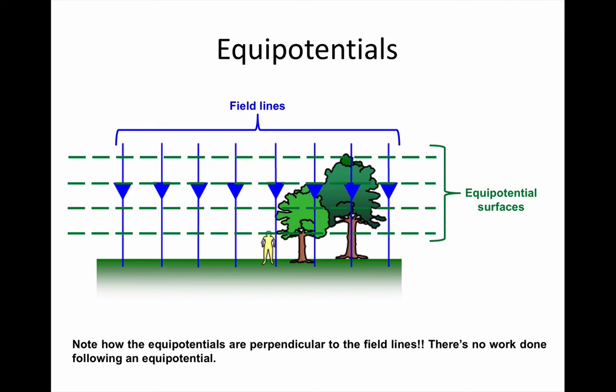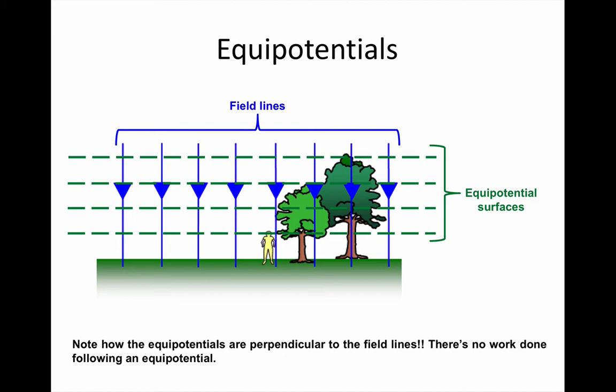Now let's look at something called equipotentials. Equipotentials are an easy idea. They are just lines or surfaces joining points of equal potential. So for gravitational fields, that means lines of equal height, and you can see them there above the flat surface of the Earth, and they're the horizontal lines. If you're cycling, going along an equipotential, in other words staying at the same height, doesn't really take much work if we're ignoring friction, but moving up in potential would take work.